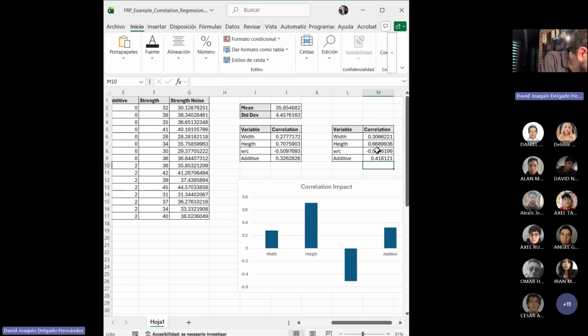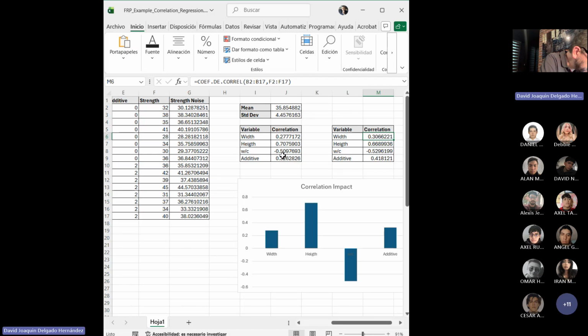So look, they are somehow similar, right? They are very similar because you see here it is 0.27 and here is 0.30. Here it is 0.70 and here is 0.66, which is very close.